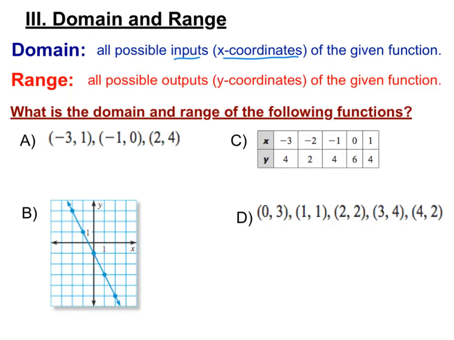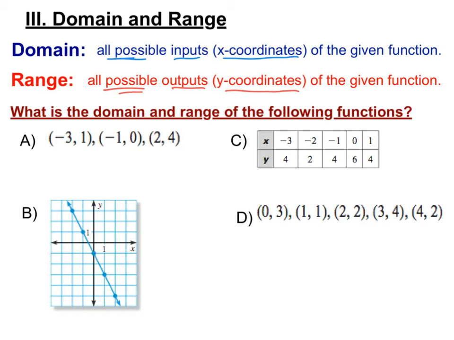That's all possible outputs, or y-coordinates, of the given function. So I want you to look at parts A, B, C, and D, and try to think about what is the domain, all possible inputs of the function, and what are all possible outputs of the given function?